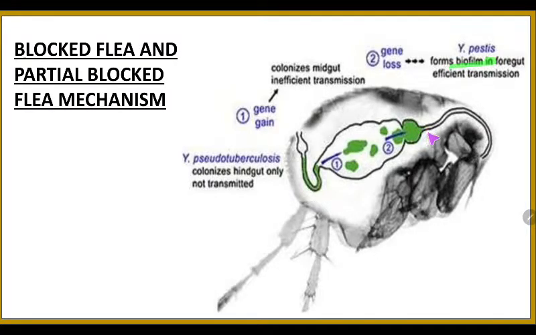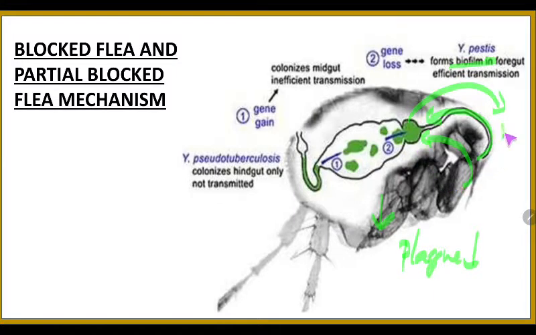Now, because of complete obstruction, this flea cannot take in a blood meal, and thereby this will die soon. As this dies soon, the risk of transmission of plague decreases. But in case where there is a partial flea block, still the flea can suck in blood, and every time it sucks the blood, it also gives out the bacteria.